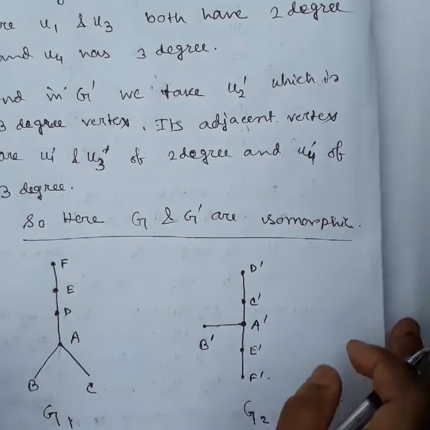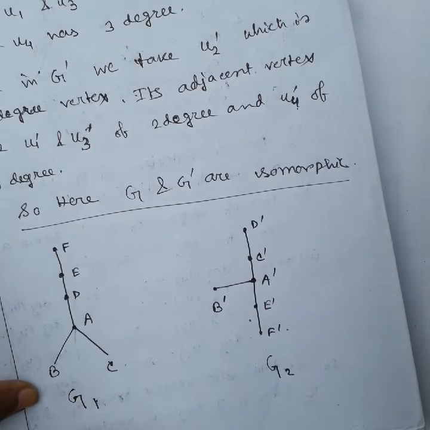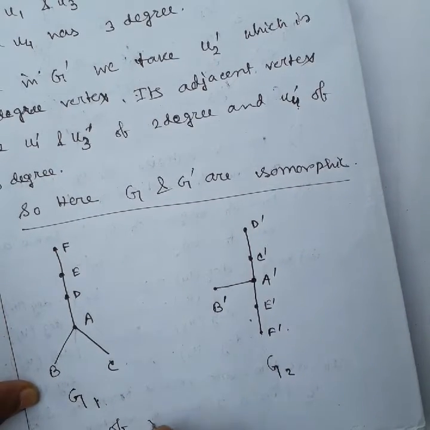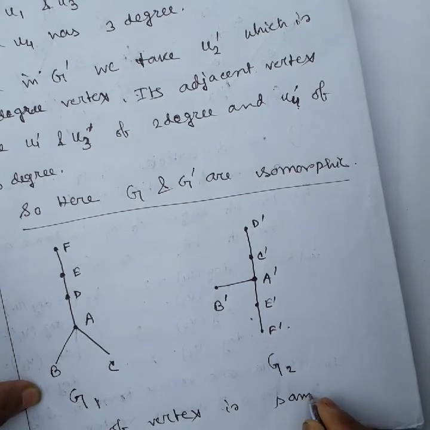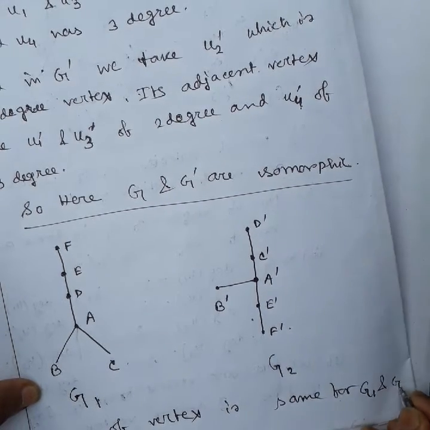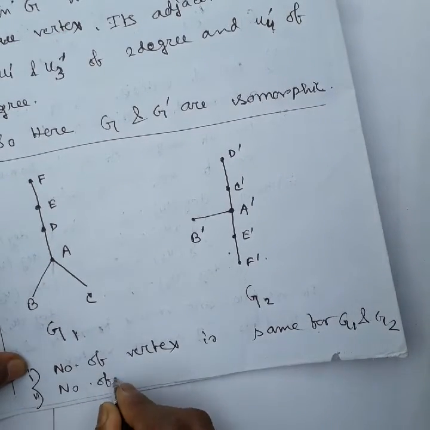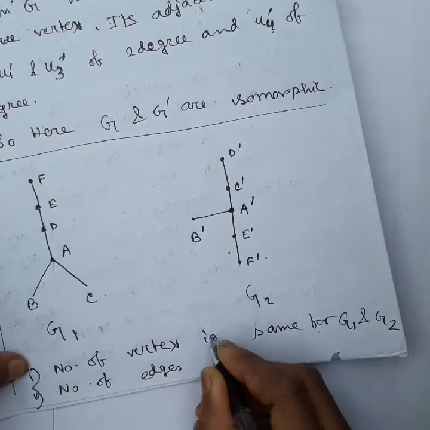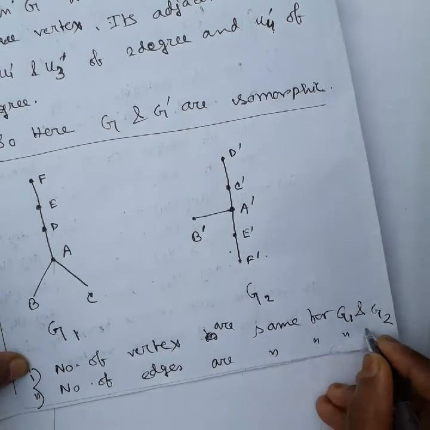Okay, so I write here the number of vertices is the same for G1 and G2, and the number of edges is also the same for G1 and G2.